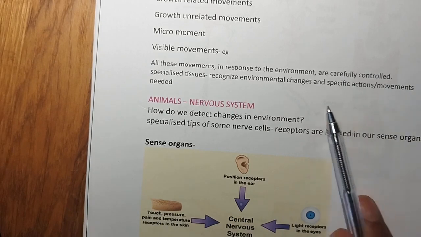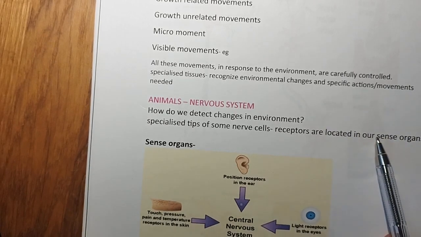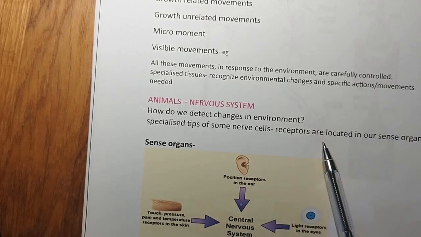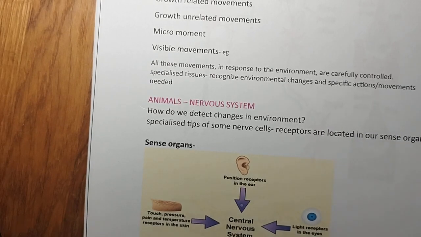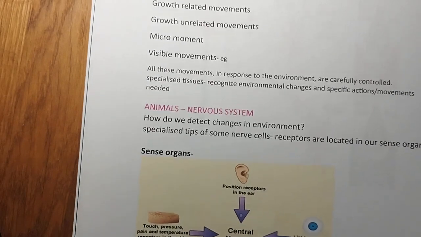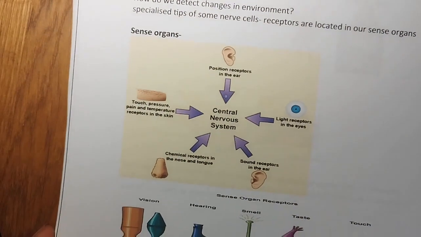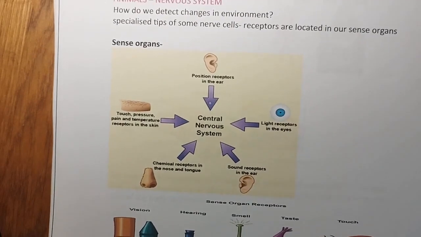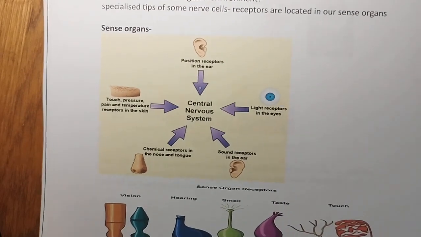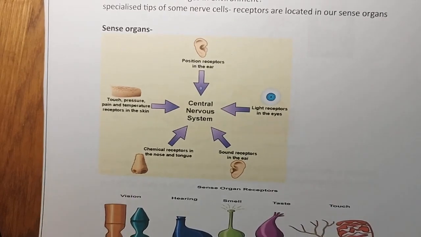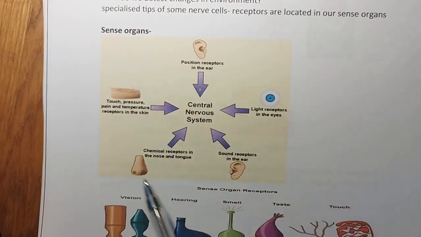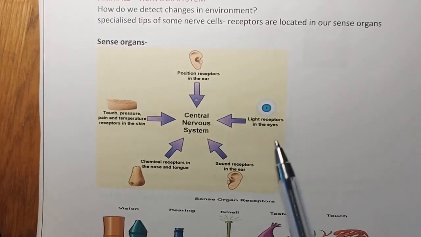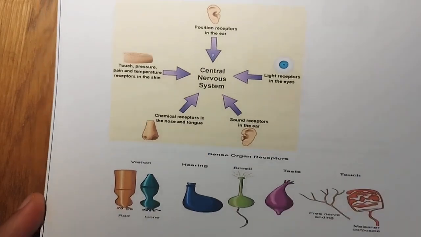Now this information from the environment is detected by the receptors. Now what are these receptors and where are they located? Let's look into more details of these receptors. This diagram tells you the different types of sense organs. They have different receptors located in them.